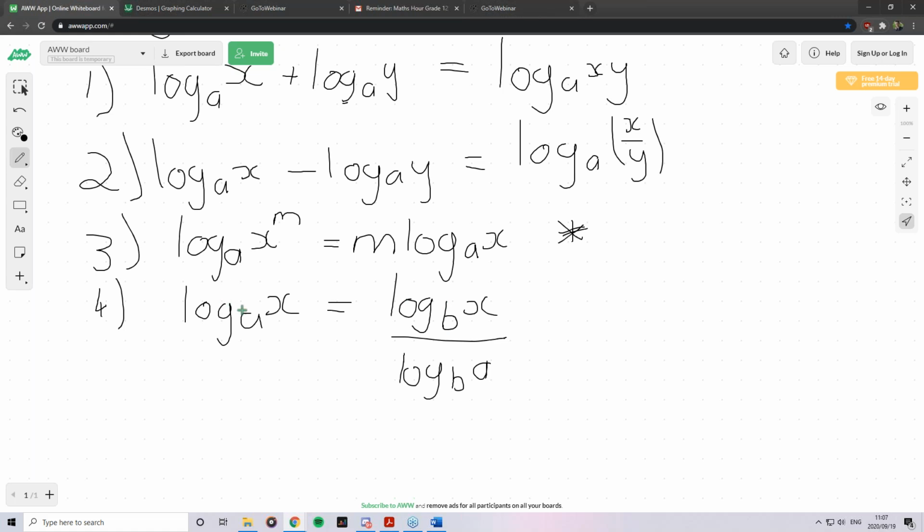But basically what I'm saying is the log with any base a and x, I can write it as log with any base I choose for b, x over log with that same base, a. This b can be anything I want, but the condition is that the two b's must be the exact same. So these you really just have to memorize.